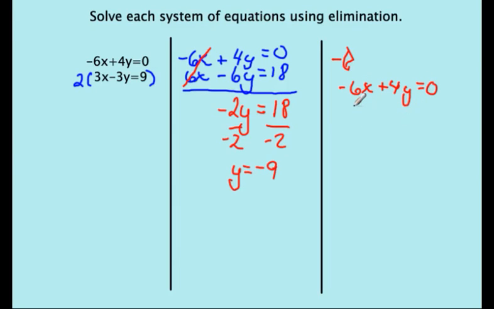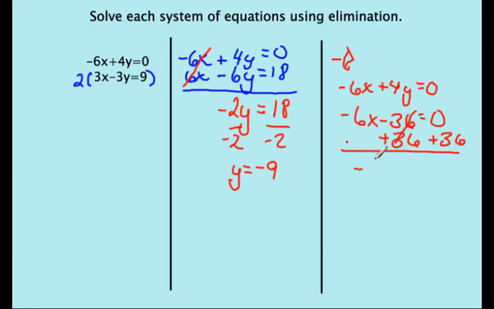And so when we plug in negative 9, that gives us negative 6x minus 36 equals 0. We're going to add 36 to both sides. We get negative 6x equals 36, which means that x is going to be equal to negative 6.